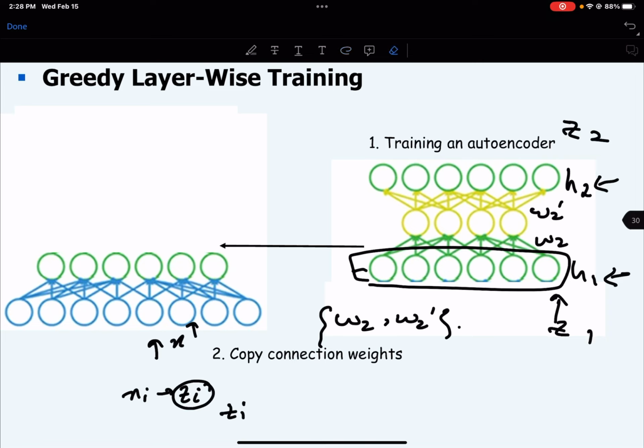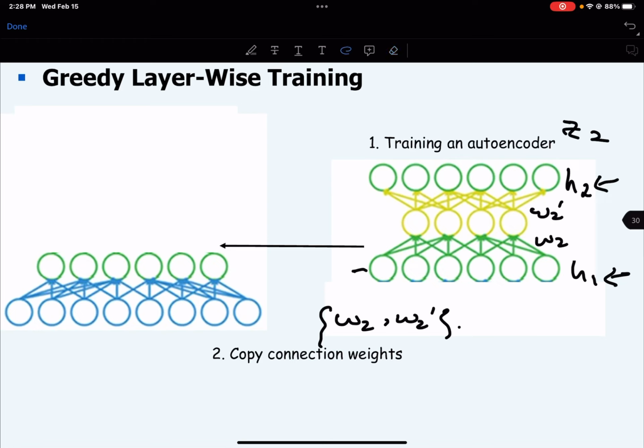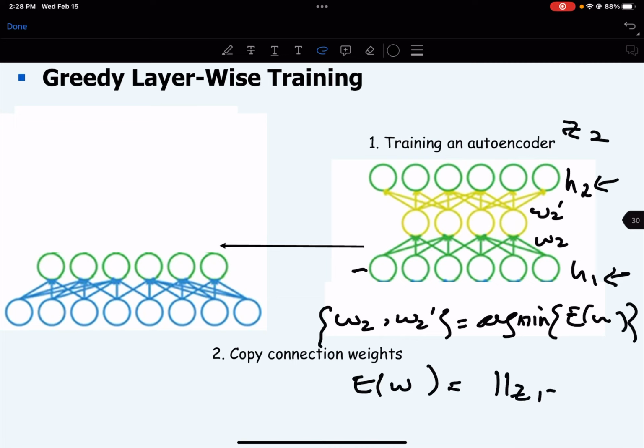Now in the next layer, again we minimize your error function, where we know it will be Z1 bar, Euclidean norm, and it will lead to your nonlinear transformation to obtain your Z2, which is a scalar multiplication of your Z1 transform.